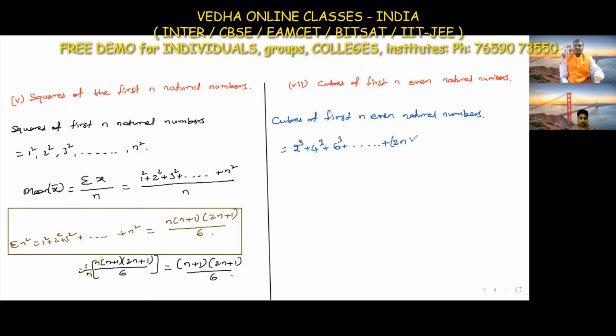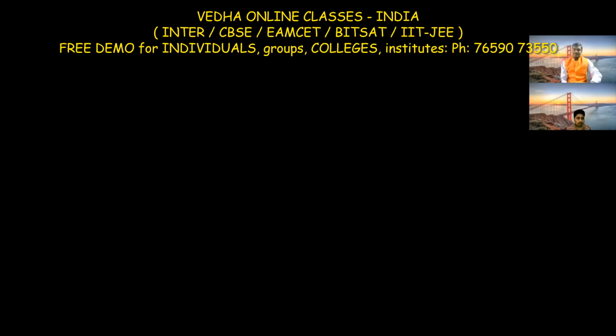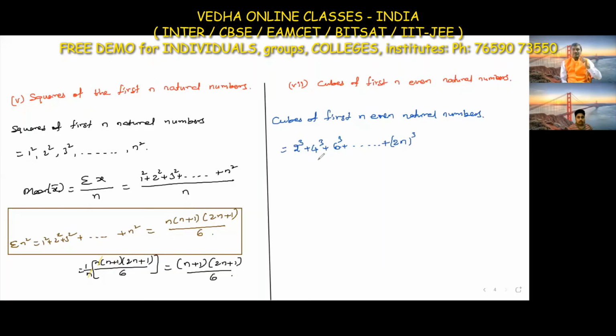The even numbers are of the 2n form, so the general term is 2n cube. That is 2 cube plus 4 cube plus 6 cube and so on up to 2n cube. In this we have taken only the cubes of the even numbers.